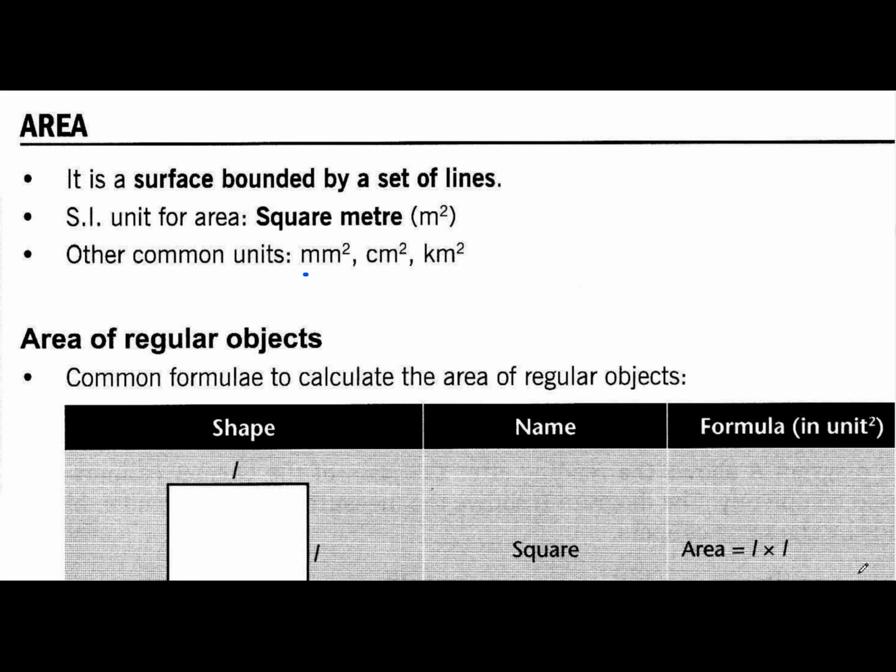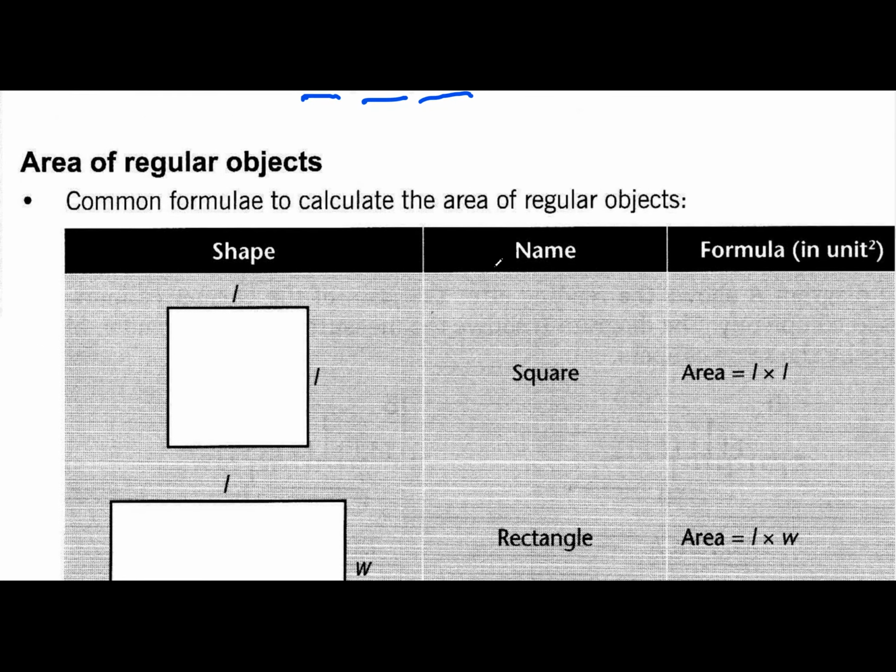Let us now look at area measurements. The standard SI unit for area is the square meters. Other units of area are square millimeters, square centimeters, and square kilometers. The formula for the area of a square is length multiplied by length.